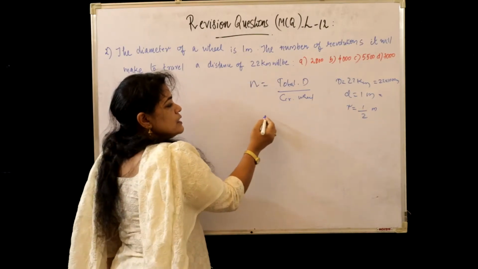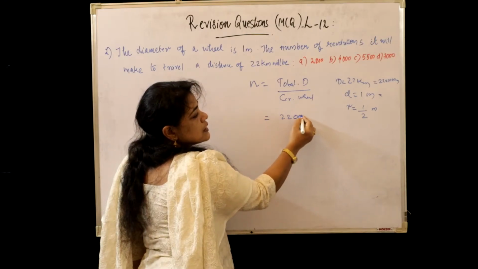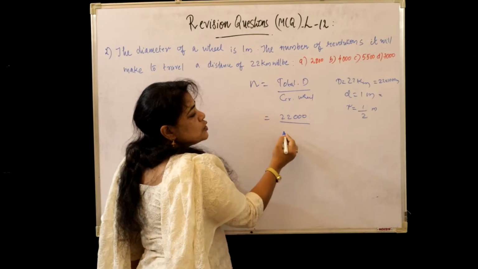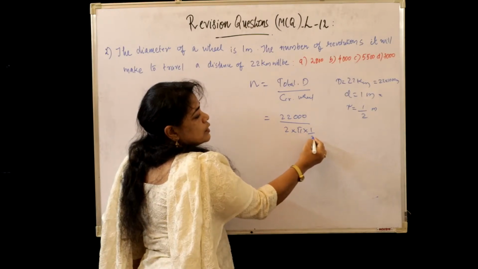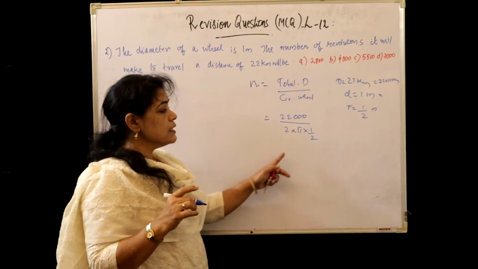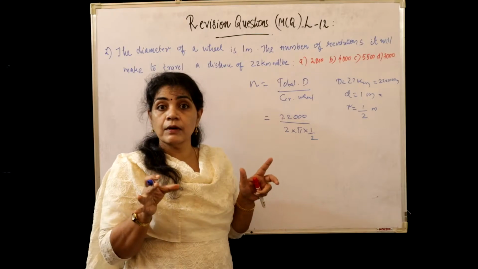I am going to just substitute here. Total distance is 22 into 1000 divided by 2 pi, and radius is 1 by 2. When pi comes in the denominator, I told you, you have to multiply the numerator with 7 by 22.